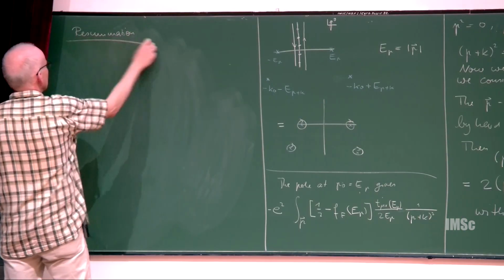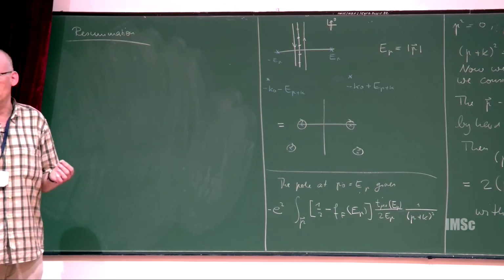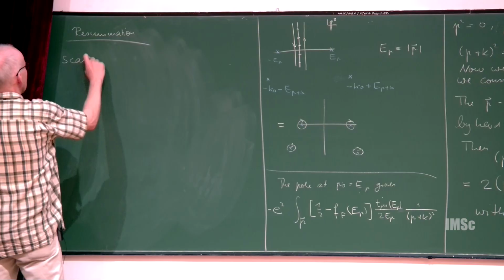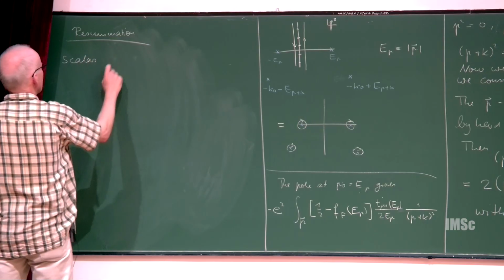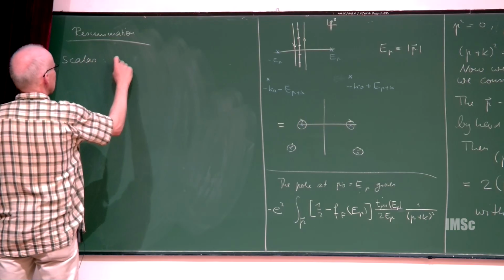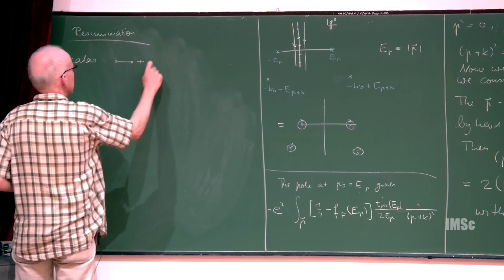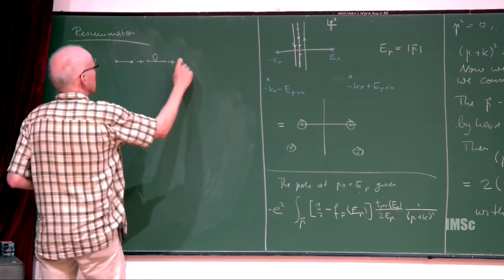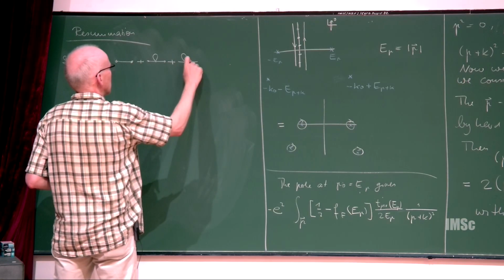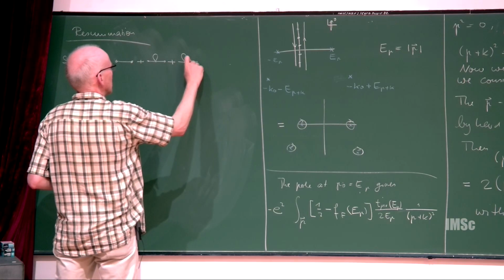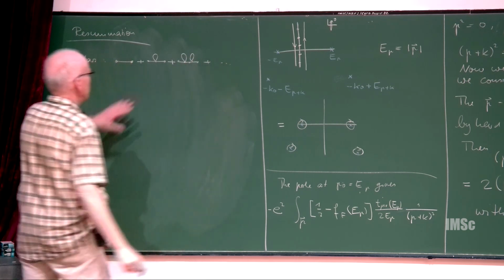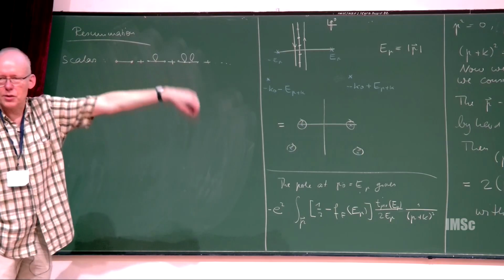We did this very explicitly for the scalar field case. For scalars we had this propagator, and then one hard thermal loop, and a second one, and so on.